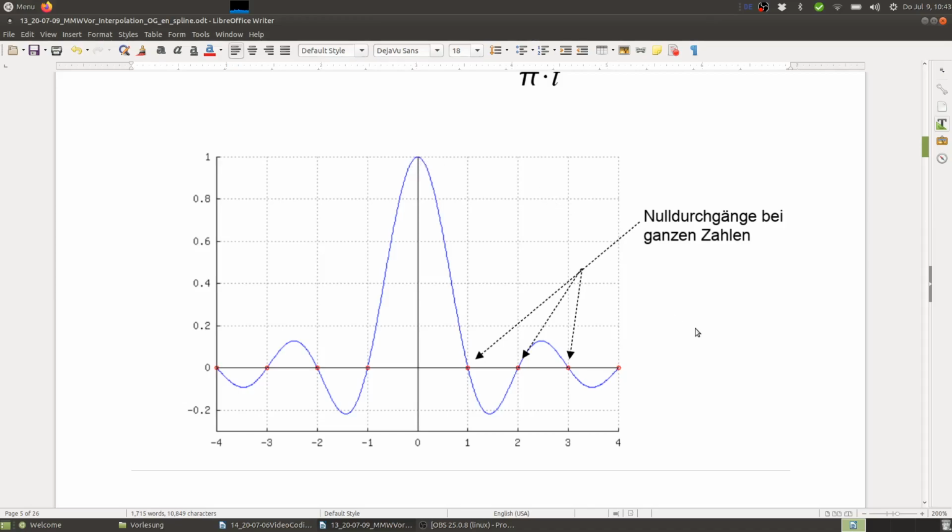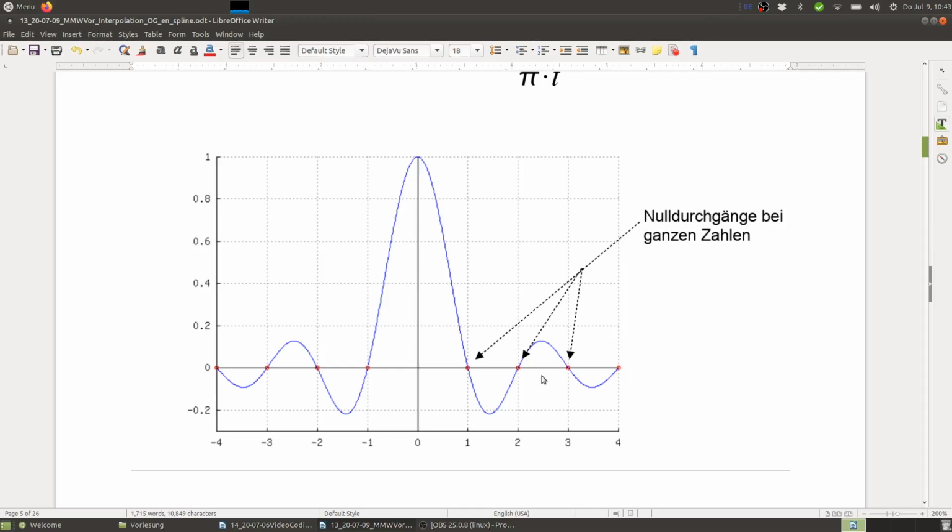So for the interpolation, basically we replace every sample by this sinc function. And then you can see the sinc function that's going through this sample here in the middle. It does not disturb the neighboring samples because we have those 0 crossings.